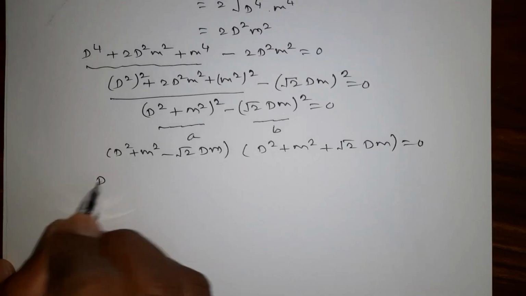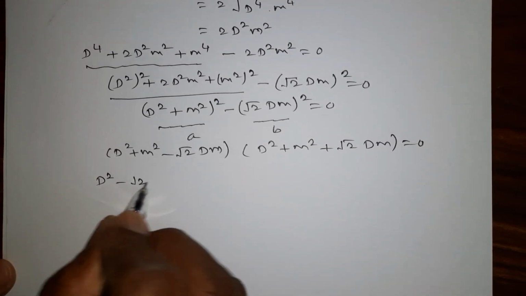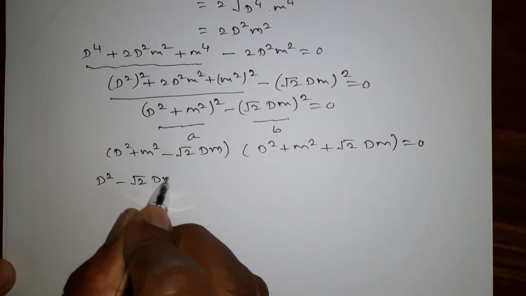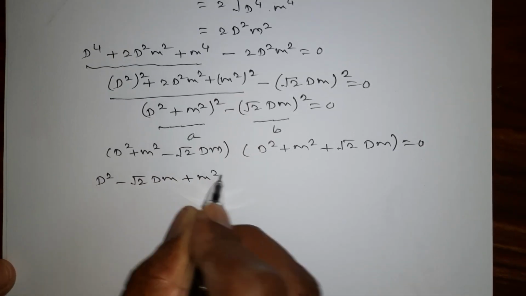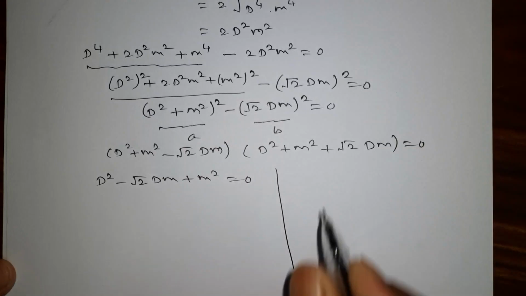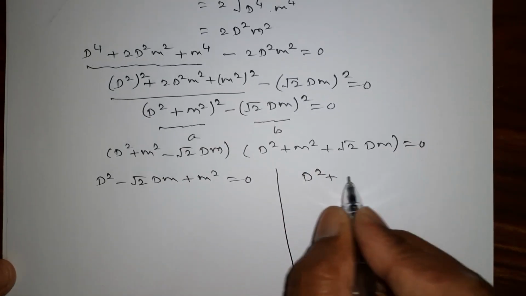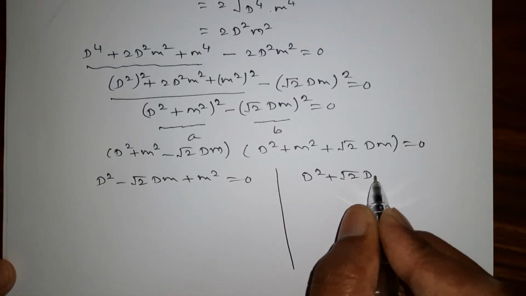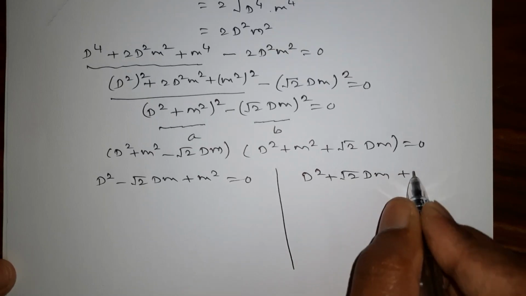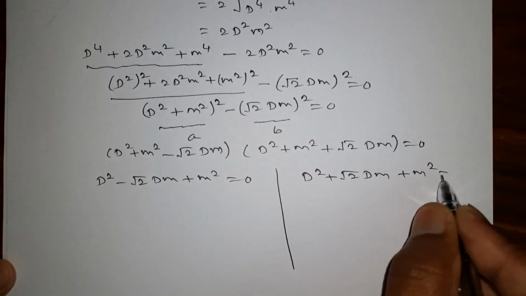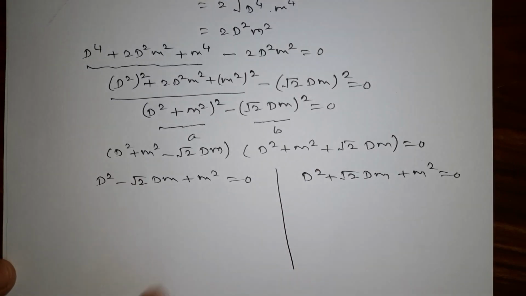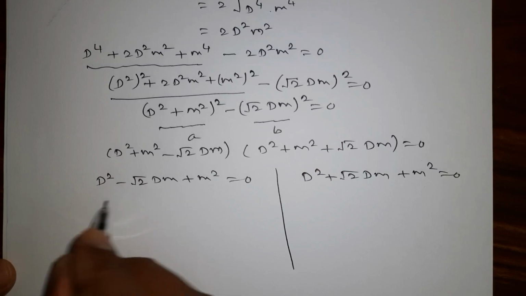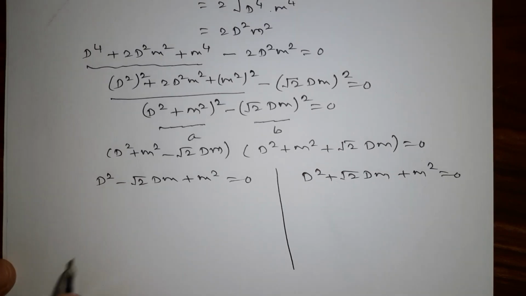So here d square minus root 2 dm plus m square is equal to 0, and the second one is d square plus root 2 dm plus m square is equal to 0. There is a slight difference between plus and minus. We can solve one and you can write down the second directly also. I will tell you how to solve the first one.